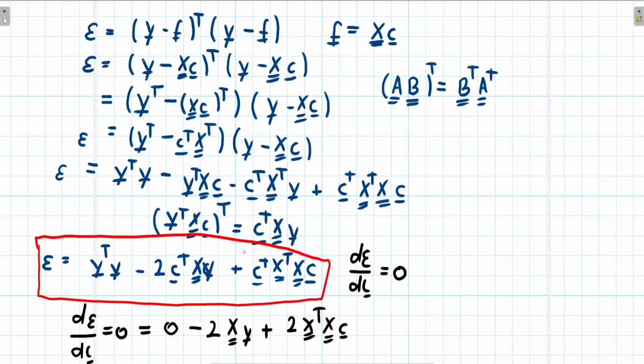So what we can do now is cancel the 2's and bring that to the other side. Then we end up with the equation X transpose y is equal to X transpose X c. So we essentially have exactly what we wanted. We have an equation where we have c on one side, and we can solve this equation. But let's start a new page and I'm going to write this down again. So we have X transpose y is equal to X transpose X c.